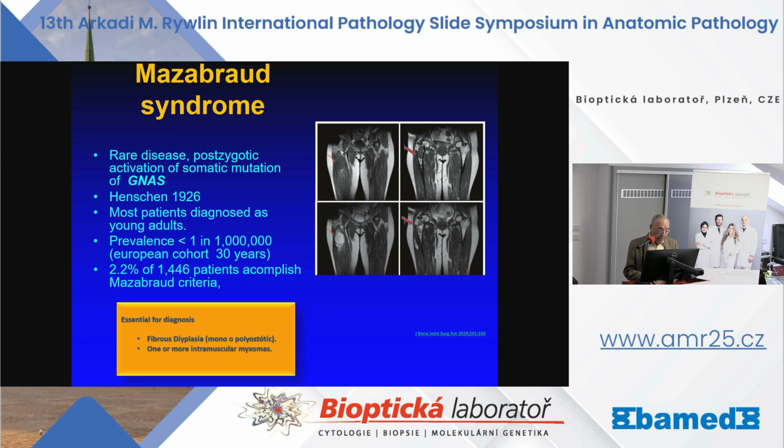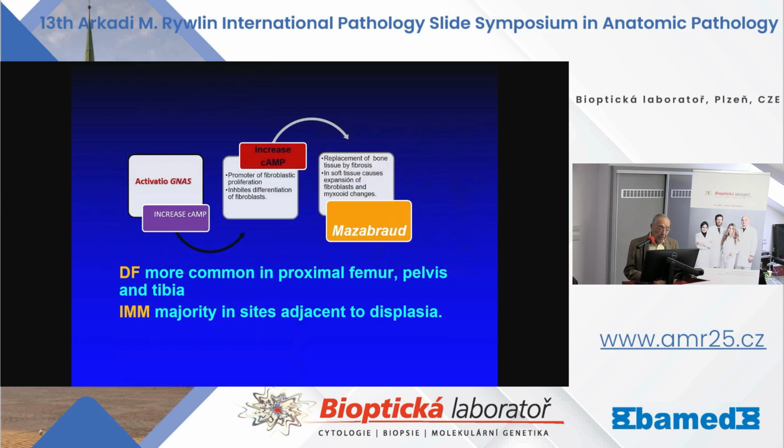And it has to have intramuscular myxomas. The pathogenesis is due to molecular alterations in the GNAS gene, which increases the cyclic AMP, which is a promoter of fibroblastic proliferation, and replaces the bone tissue by fibrosis and myxoid change.